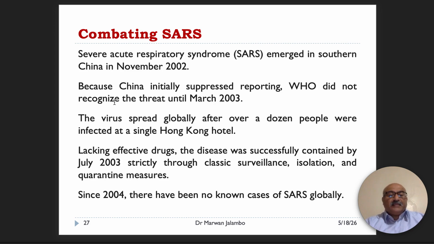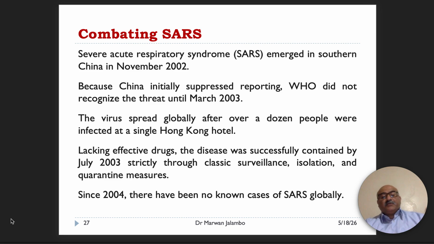Because China did not first report the disease, it spread rapidly, most notably infecting more than a dozen guests at a single hotel in Hong Kong, who then carried it to several other countries. We had no drug effective against this virus, and lab tests couldn't diagnose it quickly.